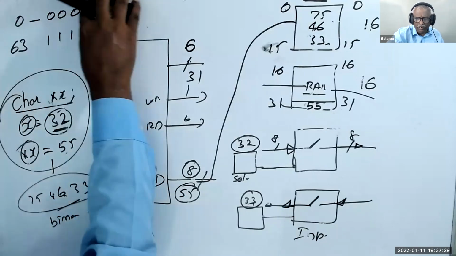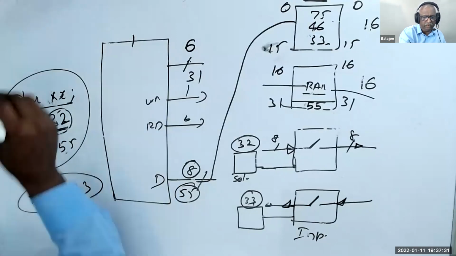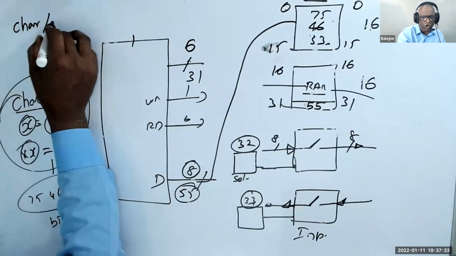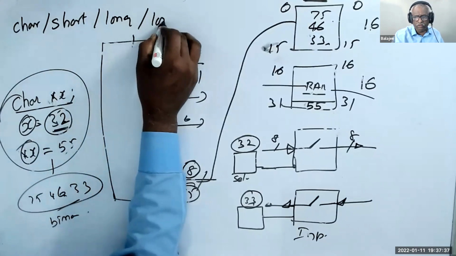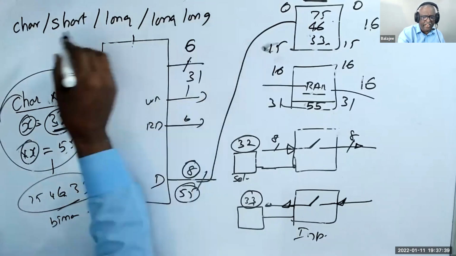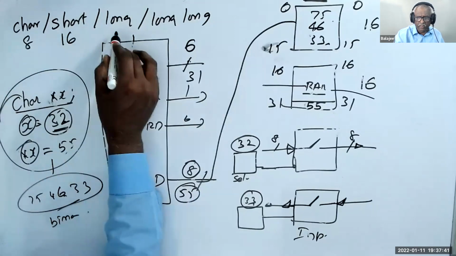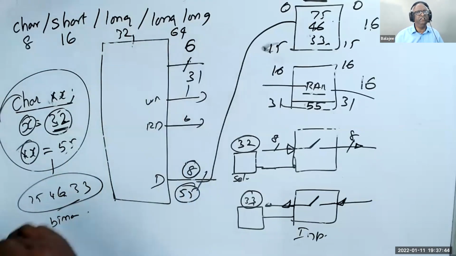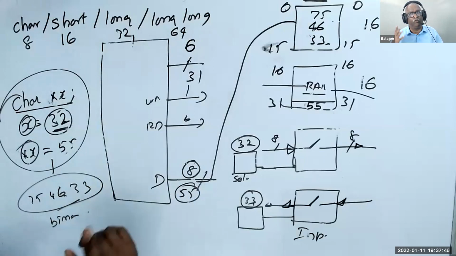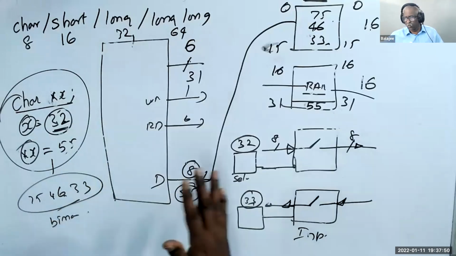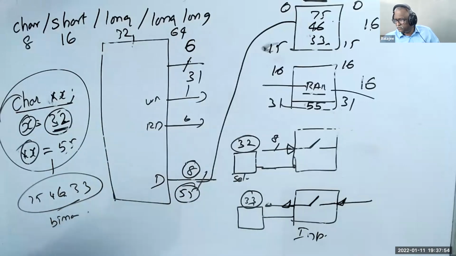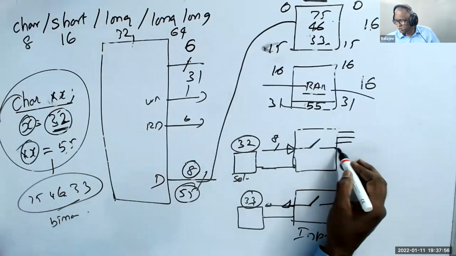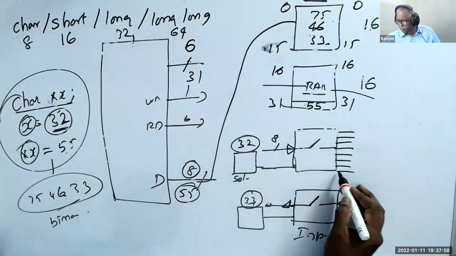For example, you have char, short, long, and long long. These are 8-bit, 16-bit, 32-bit, 64-bit. There is nothing called 1-bit or 4-bit. So you can always write 8 bits at a time. Suppose here there are 8 pins.